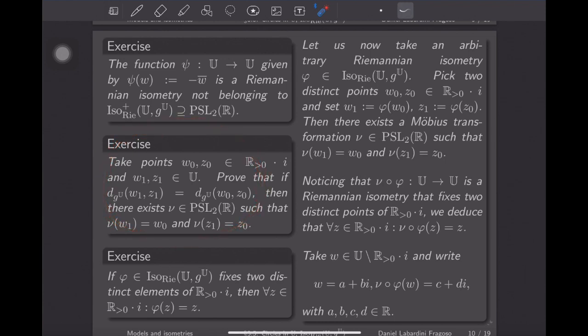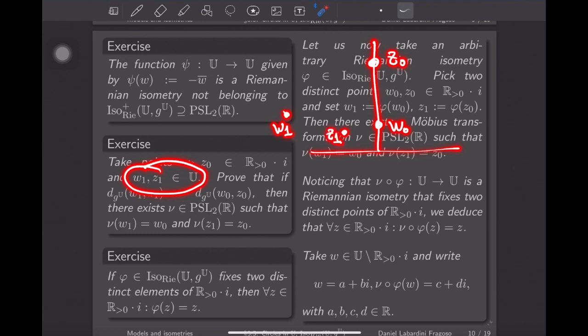This is a refinement of what we have done already. So take 2 points in the positive part of the imaginary axis, my 2 points, W0 and Z0. And then take any other 2 points in U, any 2 points, let's say W1 and Z1.